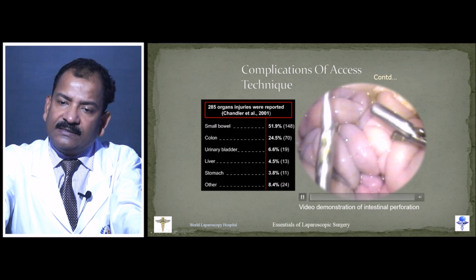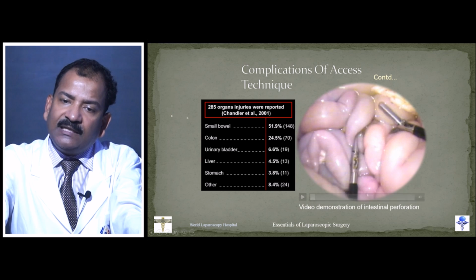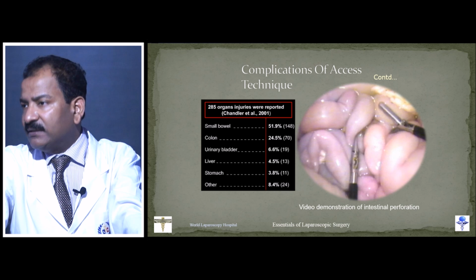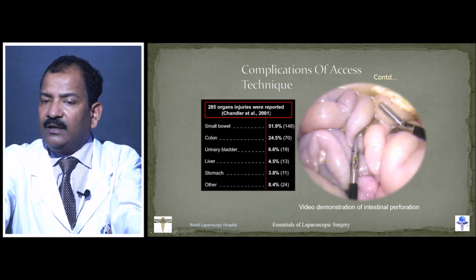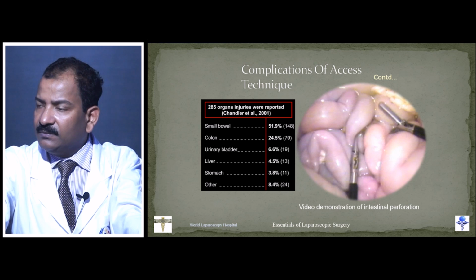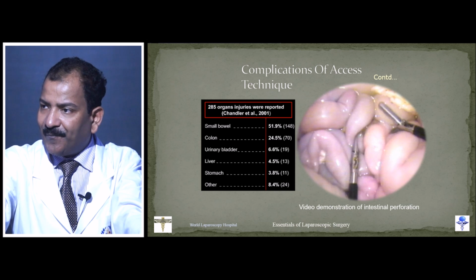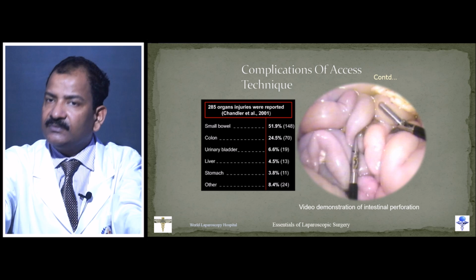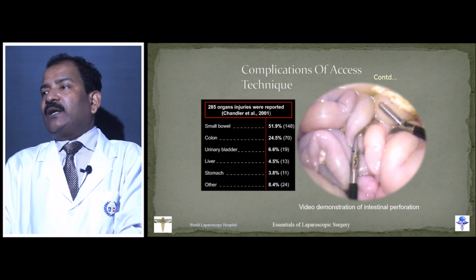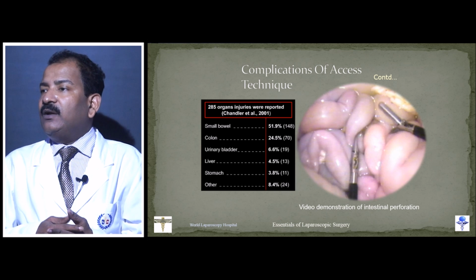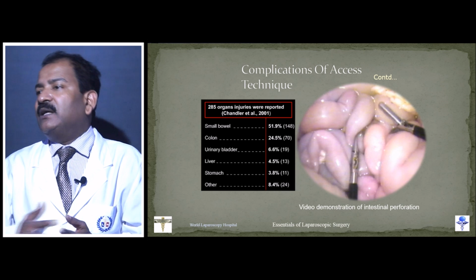Now, the complications. Chandler has done one study that is very famous as Chandler's study. Any question? Yes, sir. I wanted to ask, when we have to change the position and tilt the patient head low, at what point should we do it? If you are a gynecologist, you always have head low from the beginning, initially 15 degree, after that 30 degree.